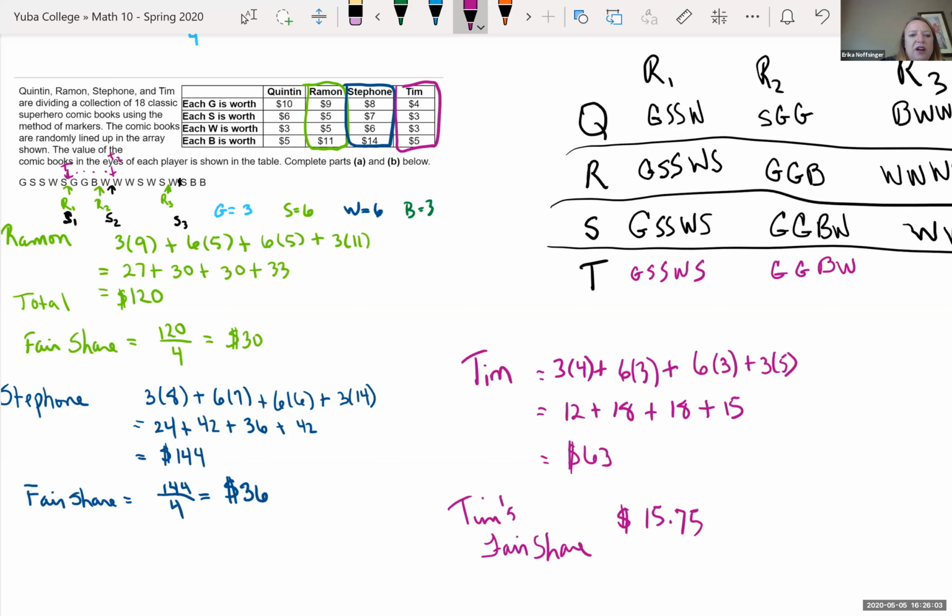So doing that, we have GGBW. And now we're going to do W, W, W, W. That's 3 plus 3 is 6, plus S, which is 3, is 9. Plus W, which is another 3, is 12. Plus S again, which is 3, that's $15. So this is where T is going to go.